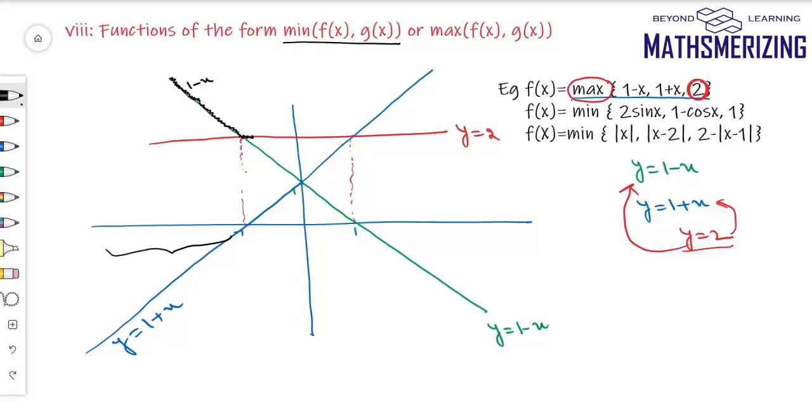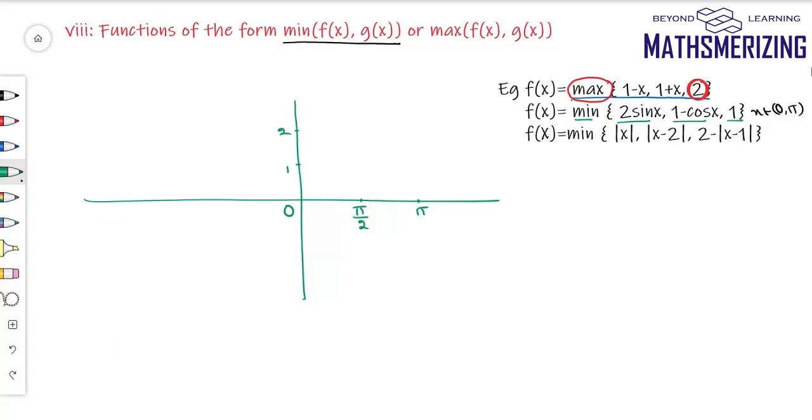Between minus 1 and plus 1, the value will be y equals 2, and when x is greater than plus 1, the uppermost graph is the graph of function y equals 1 plus x. So that's the graph of maximum of 1 minus x, 1 plus x and 2.